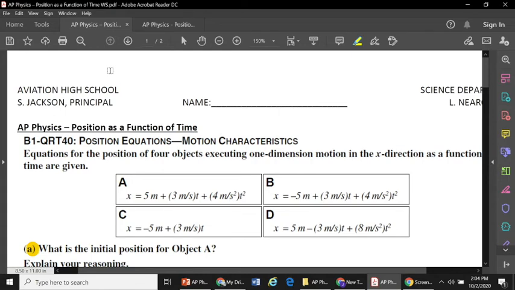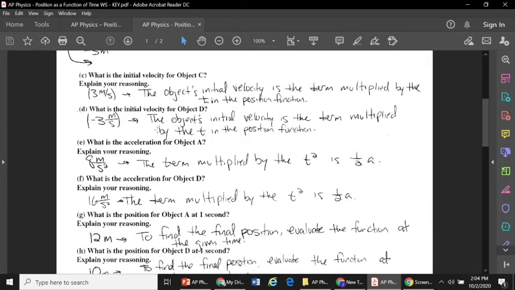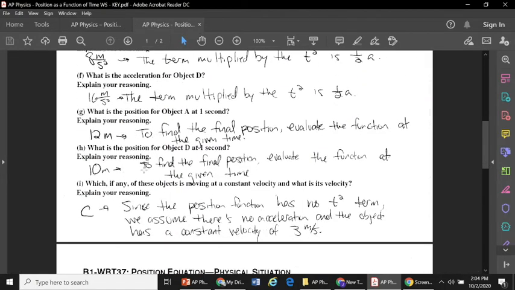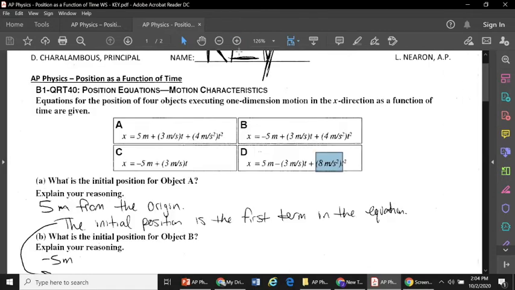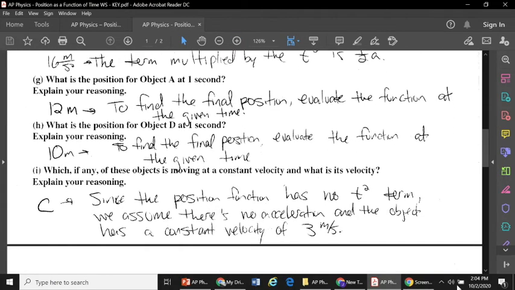And if you're taking 1/2 of 0 and multiplying it by t squared, you get 0. And so if the 1/2 a t squared term is 0, it's just not written down. And so the answer here is object C. Since the position function has no t squared term, we assume there's no acceleration, and the object has a constant velocity of 3 meters per second.